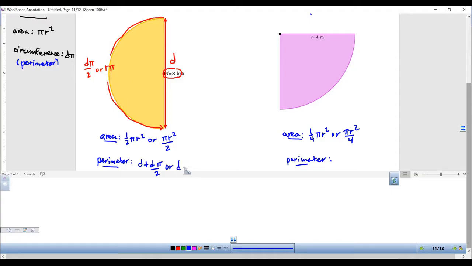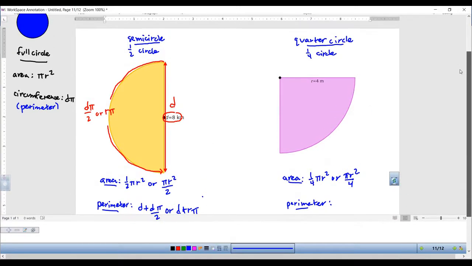So it's the diameter plus the radius times pi. We usually just put r pi because r is a number. All right, so those two formulas are basically the same formula, just written slightly differently. That's how you find the perimeter of a semicircle.